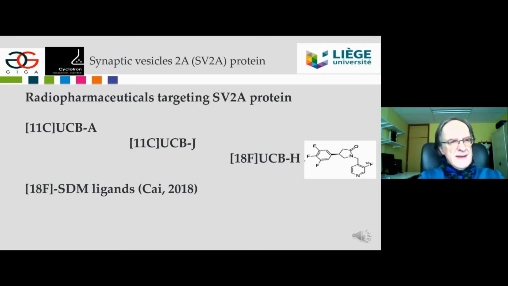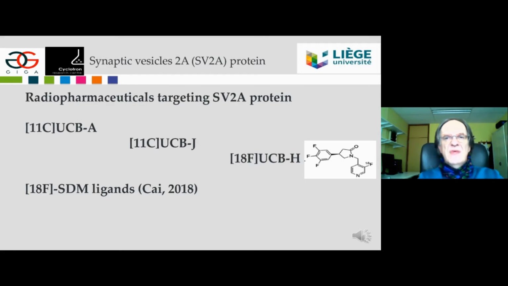The first one has been an 11-carbon UCB-A compound. There is another 11C compound, UCB-J, which is very well used and has been published in great journals. And what we've been working with is 18-fluorine UCB-H.